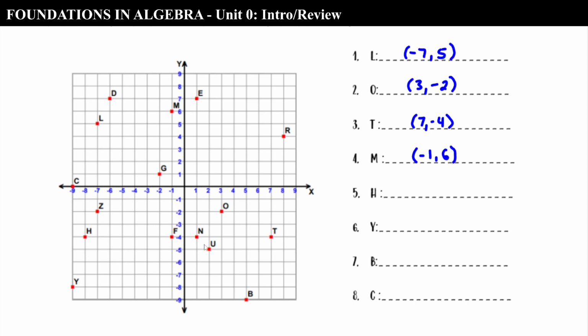For H, where's H? There's H. We go back -8 and down to -4, so -8, -4. Y is back -9 and down to -8. B is over to 5 and down to -9.